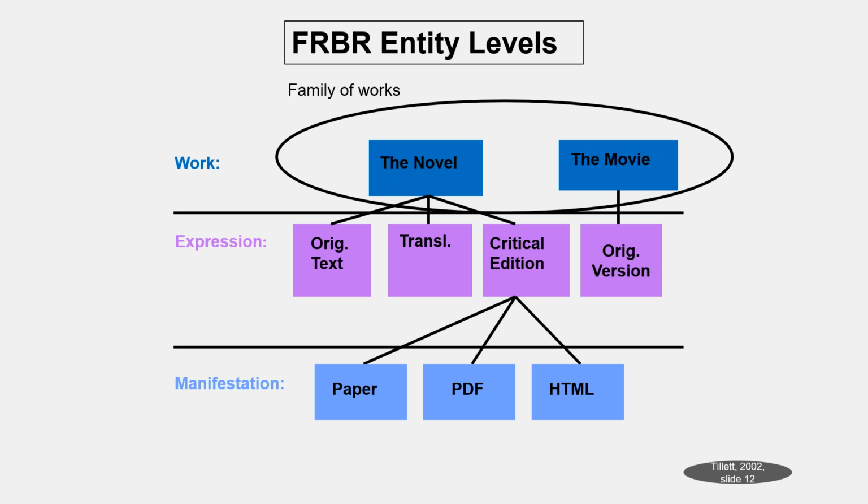You can have works that can be thought of as in a family of works where there may even be a super work, as Ramat Fatahi and Barbara Tillett, I believe Martha Yee called it, but that would be one of the family of works.